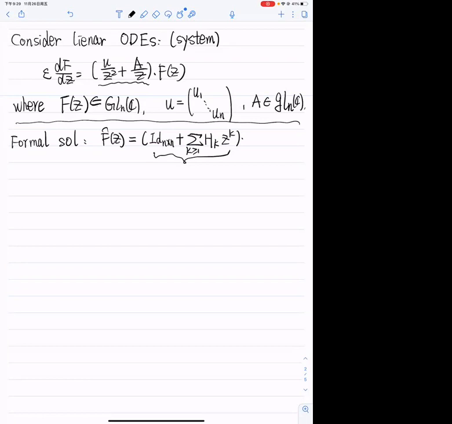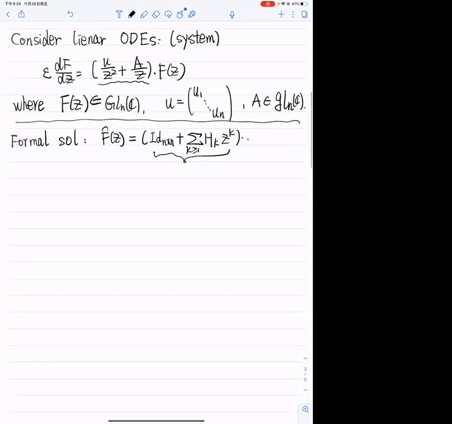Each Hk is a constant matrix, times the singular part exponential of minus U over epsilon z. Sorry, here I forgot to say that epsilon is a non-zero real parameter. This is going to be the WKB parameter in the end.